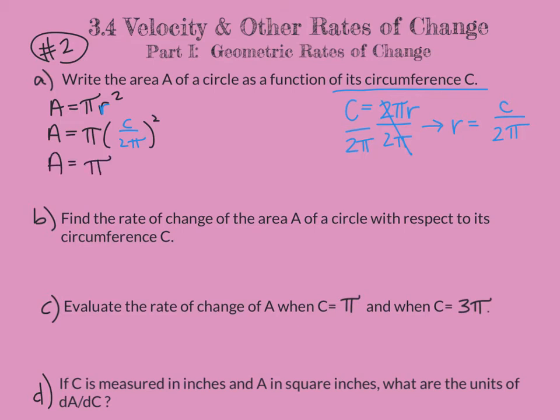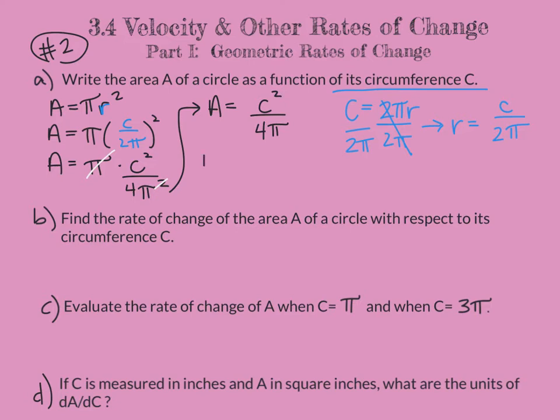So we'll be left with c squared, and then 2 pi squared is 2 pi times 2 pi, which is 4 pi squared. Simplifying here, we can cancel this pi and one of those pi's, and then we're left with c squared, so I want to write A equals c squared over 4 pi.